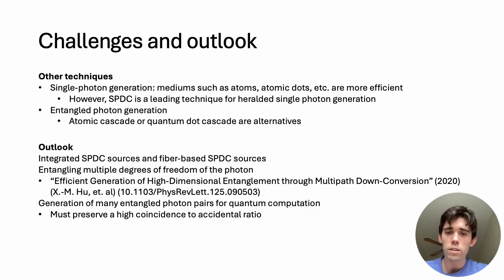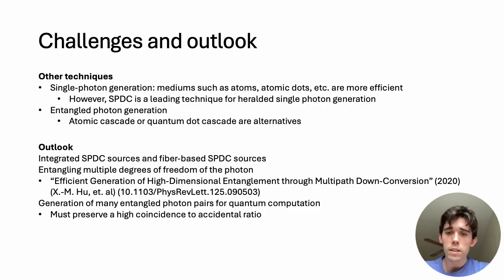As far as other techniques for generating entangled photons, there are cascade techniques with atoms or quantum dots, where an electronic energy level will be de-excited twice and emit two photons. These are preferable in some cases because they can be more electronically controlled. However, SPDC is a leading technique to generate large numbers of entangled photon pairs.